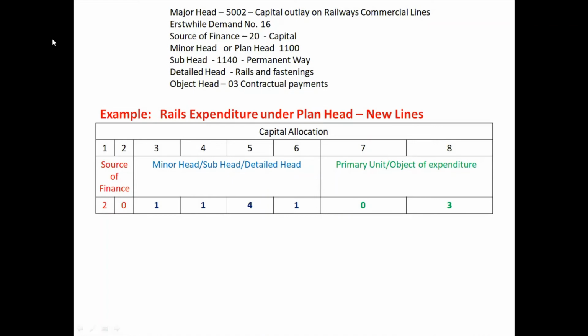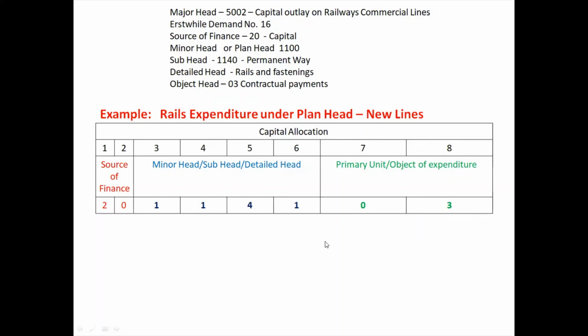Here, the first two digits are the source of finance. Third, fourth, fifth, sixth are the minor head, subhead, detailed head. What is the minor head here? Minor head is nothing but the plan head. That means the entire capital expenditure is divided into various plan heads.